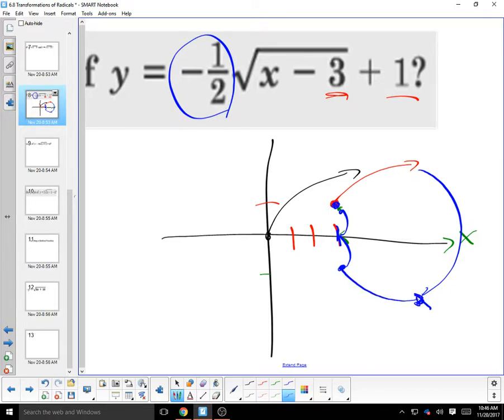That's what the negative does. The half means I have to squish it. I didn't do anything fancy, I just made it smaller because it's a fraction. You'll be able to see that if they show you pictures of what's going on. So negative just flips it.